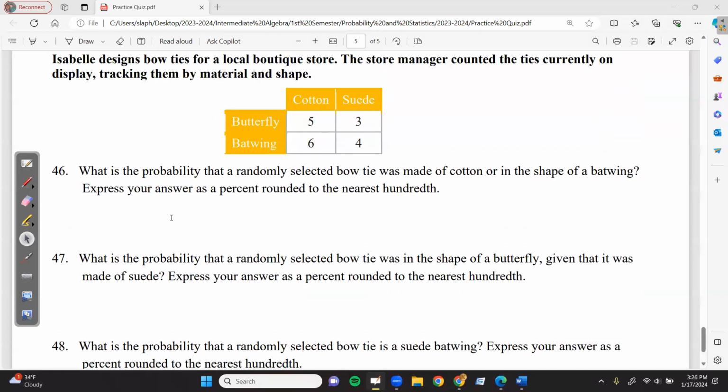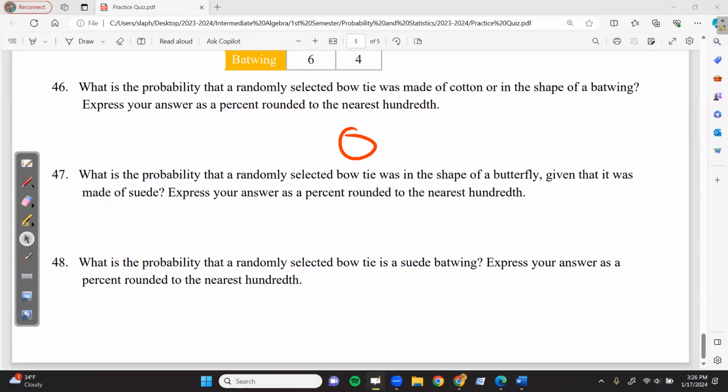It is right at the 4. This right here. If I'm in that little red circle, I am made of suede coming down this way, and I am a batwing shape coming this way. And so to be a suede batwing, there is a 4 out of 22, 4 out of 18, excuse me. I forgot which table we were on. There's a 4 out of 18 chance of picking that.